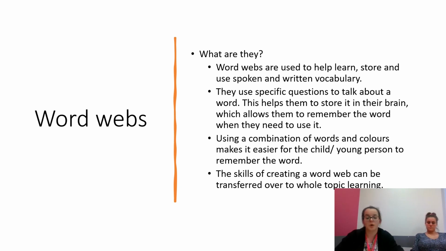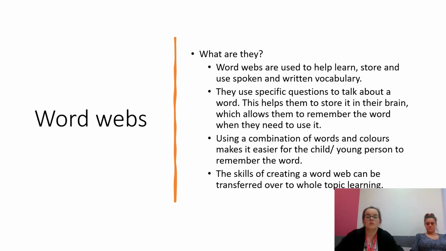When you're doing word webs, you should be using a combination of words and colours, because this makes it easier for the child or young person to remember the word, because if they've not quite understood the words on the word web, then they've got colours and pictures to refer back to. And word webs are really easily transferable from single words all the way up to whole topic learning in class.